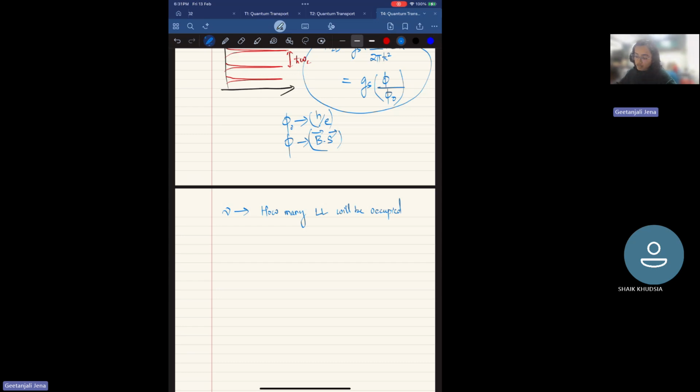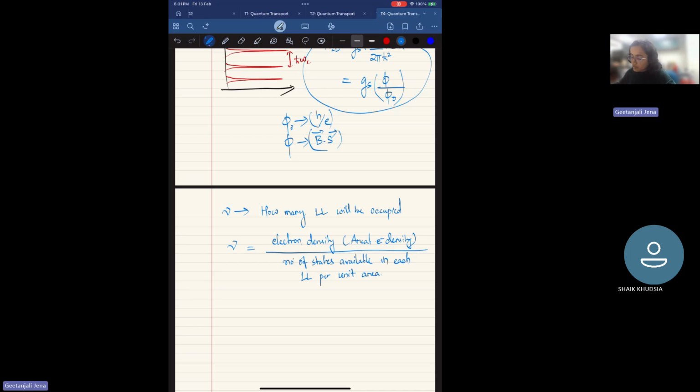To calculate the filling factor, it is given by the ratio of the electron density, which is the areal electron density, the number of electrons per unit area, divided by the number of states available in each Landau level per unit area.